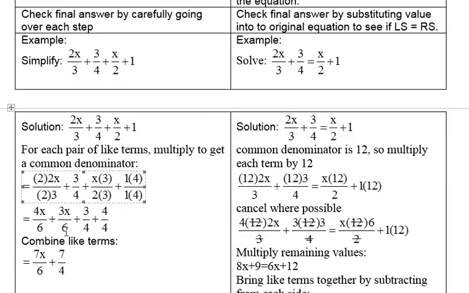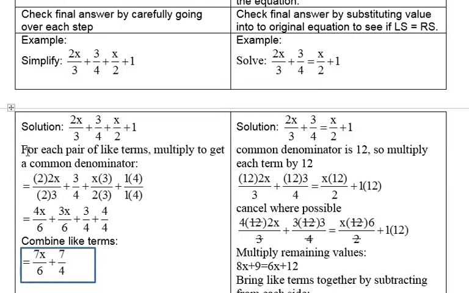So 4x plus 3x all over 6 gives us 7x over 6, and 3 plus 4 all over 4 gives us 7 over 4. So our final answer here is just going to be this whole expression.